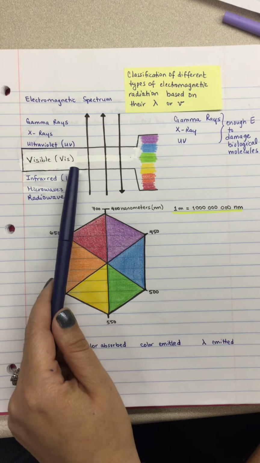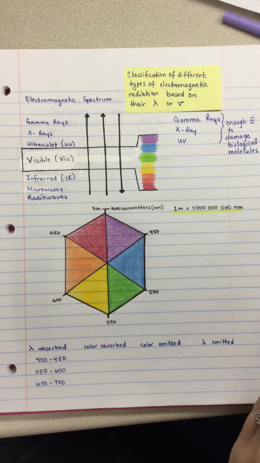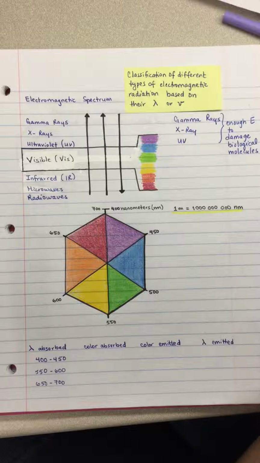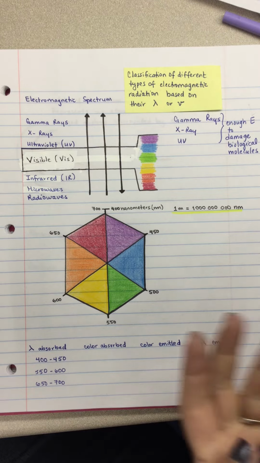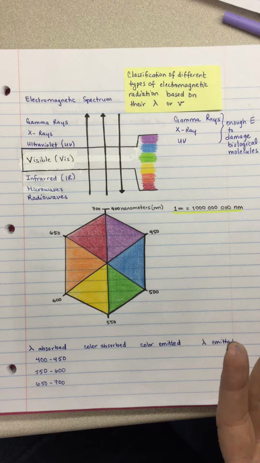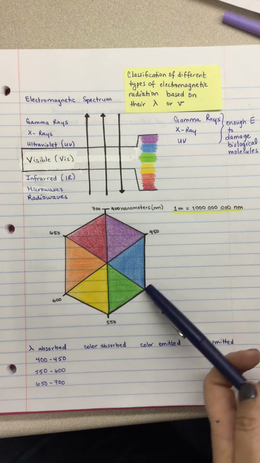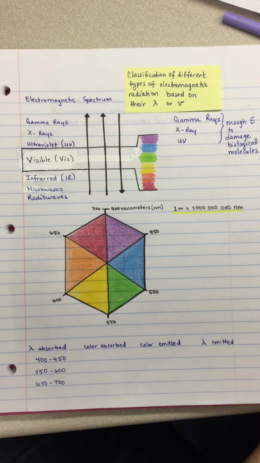In the visible part, we have a range of wavelength that is between 400 and 700 nanometers. And those numbers are not exact numbers. Okay? I'm approximating those numbers in a way that it's easy for you to remember. So depending on the source that you use or book, you will see that these numbers that I'm writing here are kind of different.